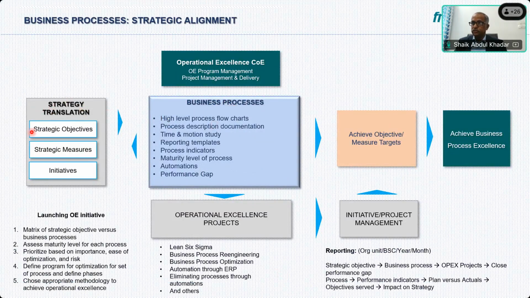You have strategic objectives, or you have a matrix of what business processes you are supporting for the objectives, and then prioritize them based on process maturity. You can define what methodology needs to be used, and then use the process excellence initiatives. These operational excellence projects can also be connected to initiatives again.